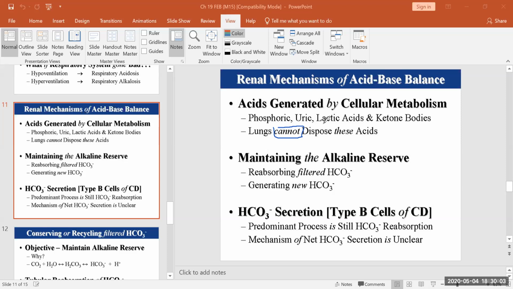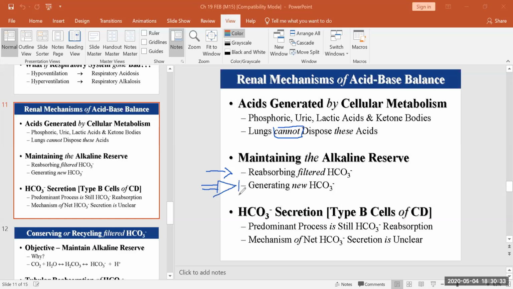Now, the kidneys can also maintain the alkaline reserve, meaning bicarbonate. So they have two ways. They can reabsorb the filtered bicarbonate, and ultimately it's not enough. The body needs more than that. So what is amazing is the kidney can also generate new bicarbonate.